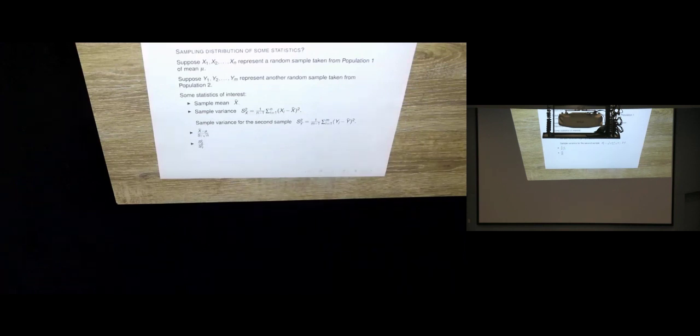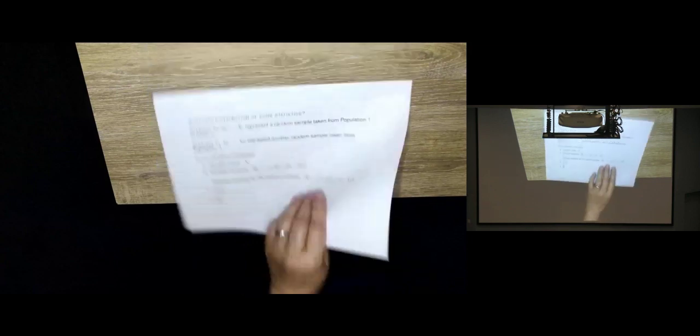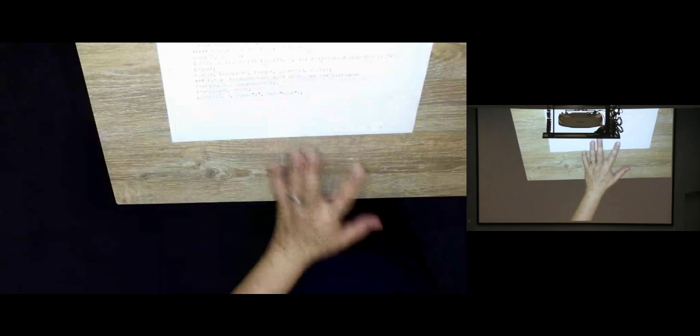Now, the thing that I want to emphasize here is that these random variables are random, so they themselves have their own distributions. Now this is the R code for the things that I'm going to demonstrate.